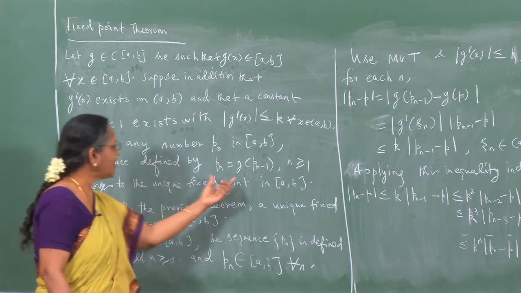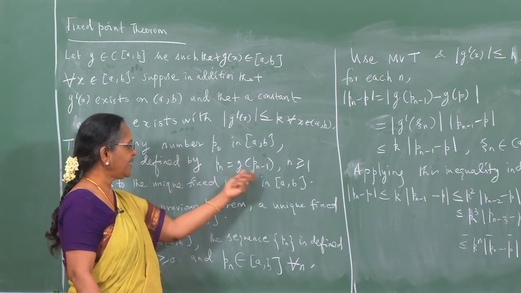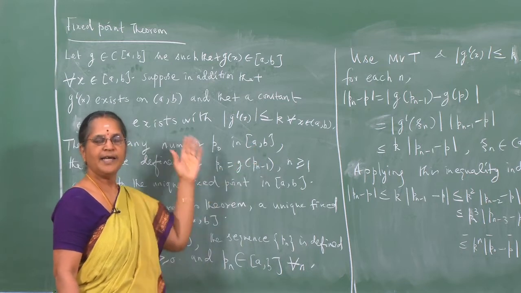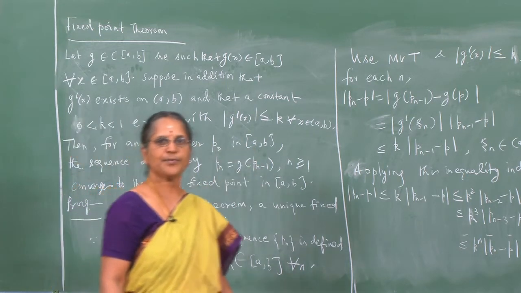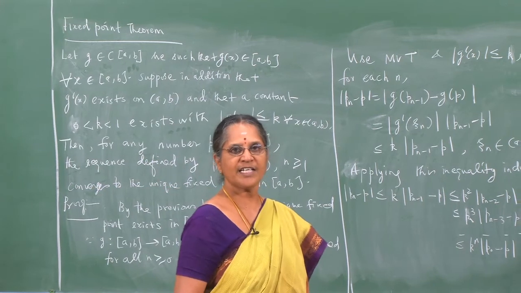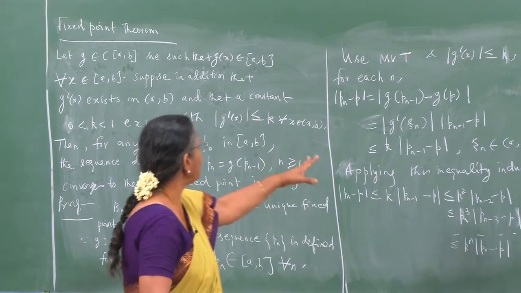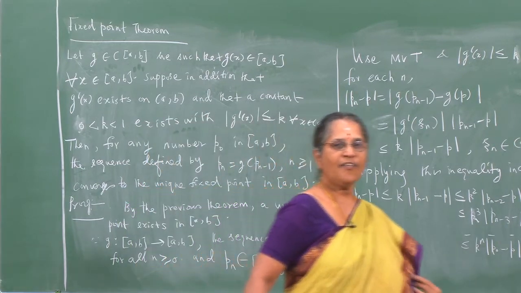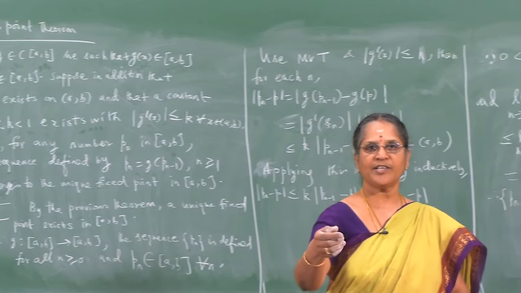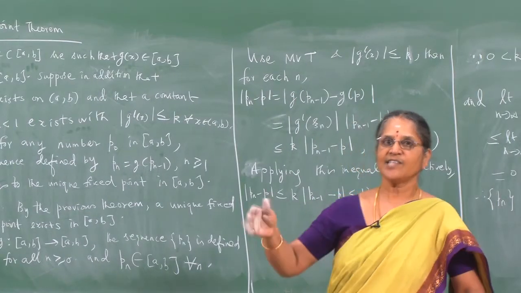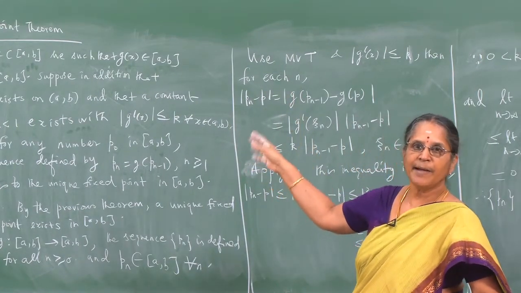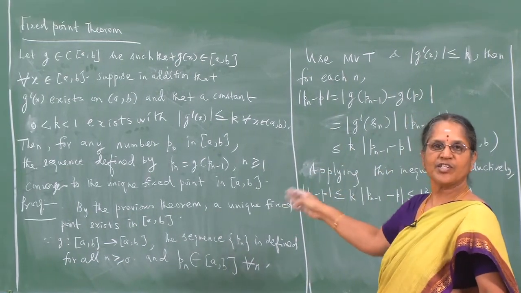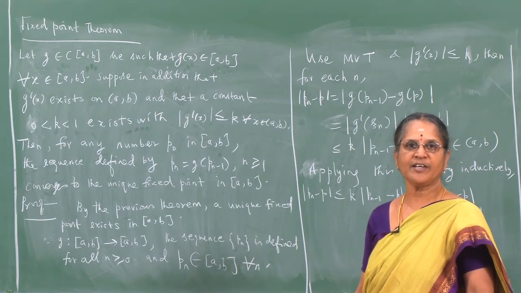So, the sequence of iterates generated by Pn equal to g of Pn minus 1 starting with P naught in the interval [a, b] converges to the unique fixed point for the function g in the interval [a, b]. This theorem is called the fixed point theorem, and it gives us a way of finding a fixed point for a given function which satisfies certain conditions by generating a sequence of iterates which converge to the unique fixed point for this function.